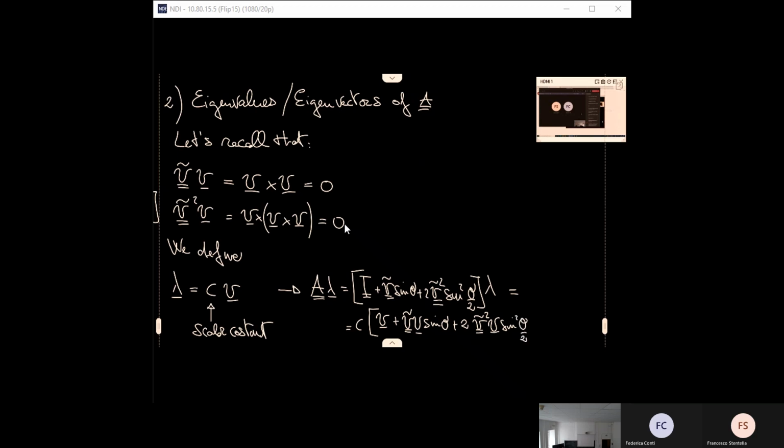Right? So this is 0. The first one. The second one as well. So we are left with C times V, which is lambda. So we have seen that A applied over lambda is lambda. So this demonstrates that lambda is an eigenvector.